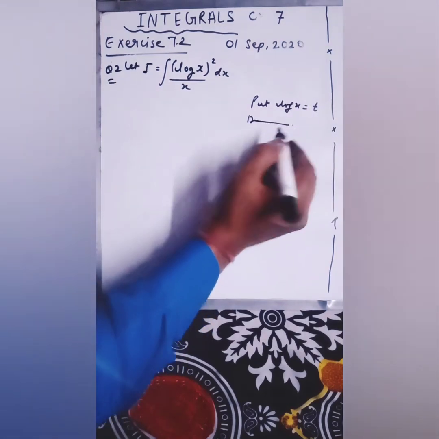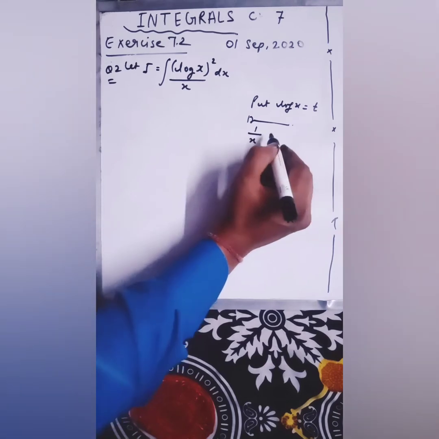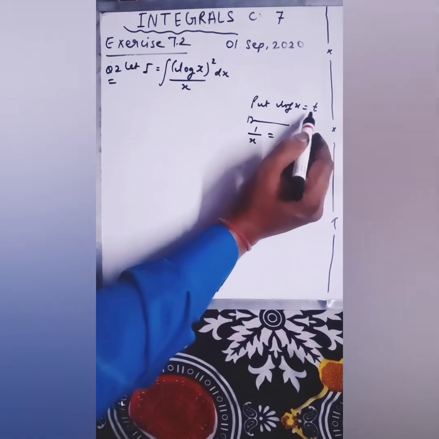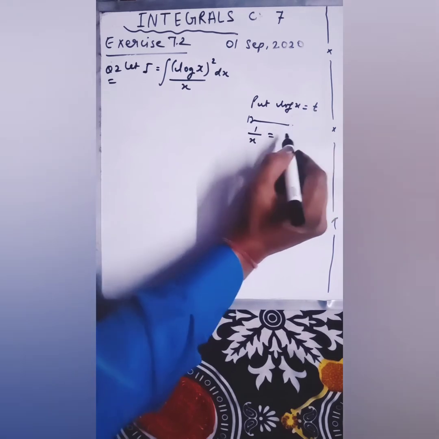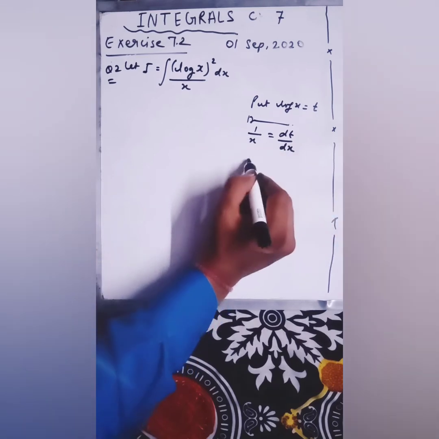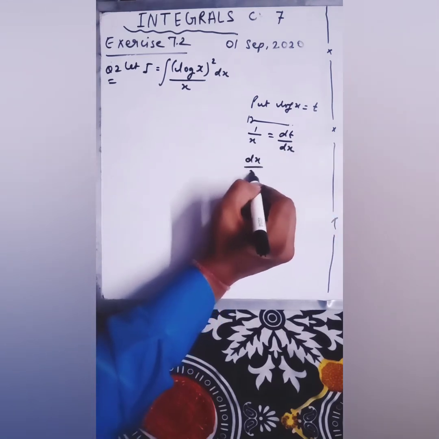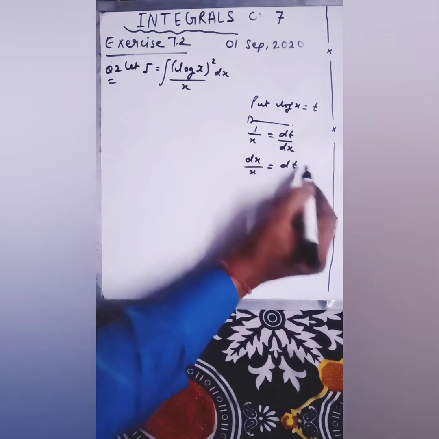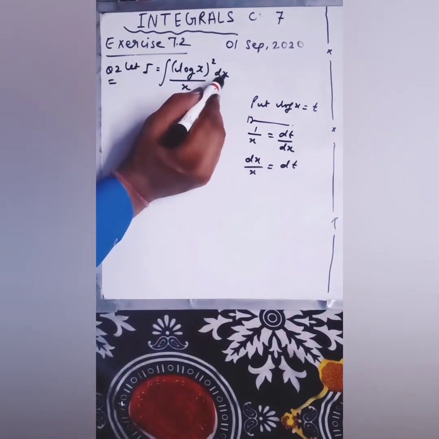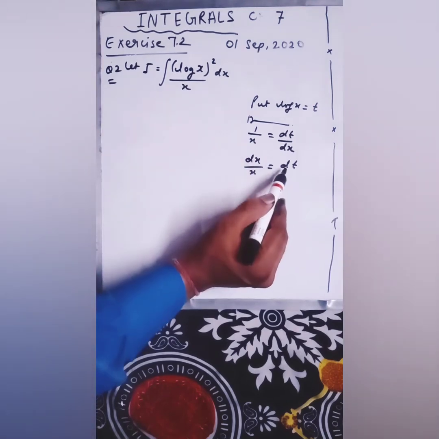Differentiating both sides, you will get 1 upon x, because the derivative of log x is 1 upon x, and the derivative of t is dt by dx. Now you have to cross multiply, that is dx upon x equals dt. Now in place of dx upon x we can put dt.